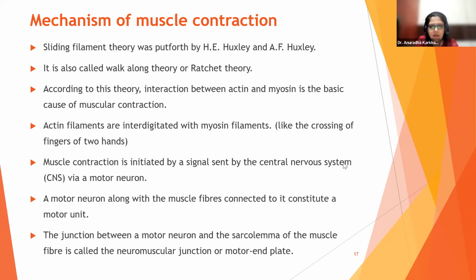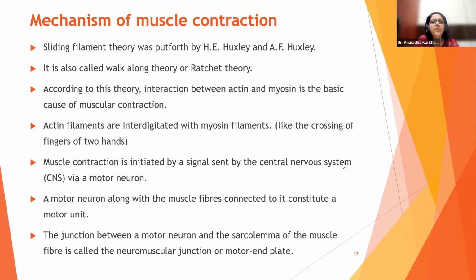Did you understand, beta? So that day you all were asking me what will happen if actin and myosin come together? They will result in contraction. Rather, I would say if they don't come in contact with each other, muscle contraction will not happen at all. And the important point of muscle is contraction. So it's very important for the muscles to contract, and it is only going to be possible when actin and myosin come in contact with each other.